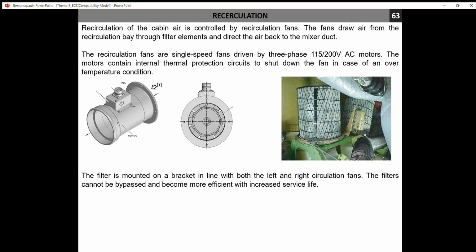And recirculation. As I said, we want to save money. We would like to reduce the fuel consumption that is taken for providing bleed air generation for the purposes of passengers or occupants on the board.